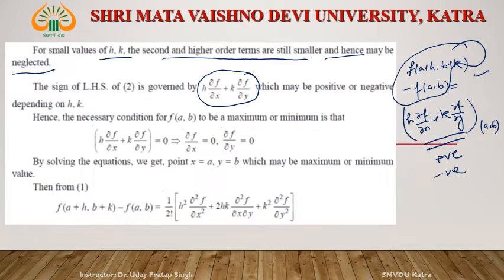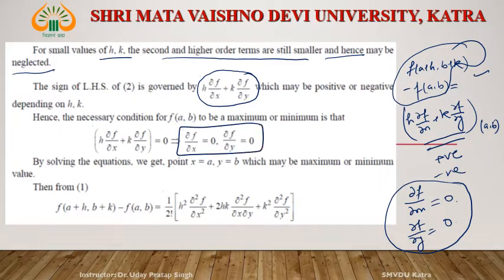Okay, but we know that for function of one variable, for maxima and minima, first derivative is 0. So in here our first derivative dou f by dou x and dou f by dou y is equal to 0. For maxima and minima of a function of two variables, this is the necessary condition: dou f by dou x and dou f by dou y is equal to 0.